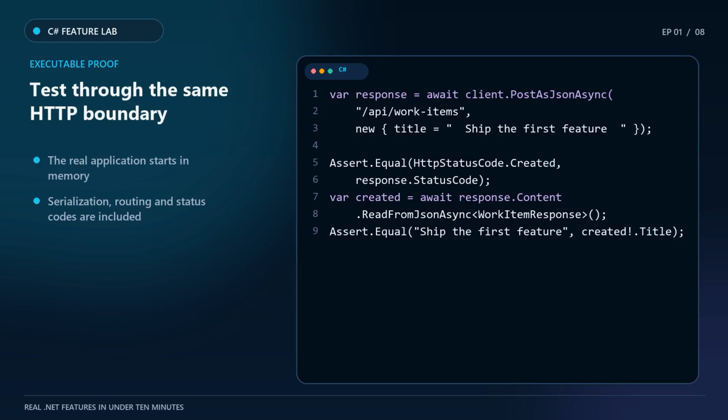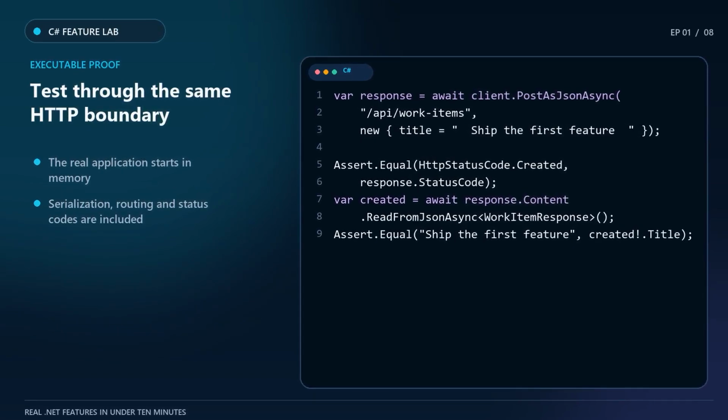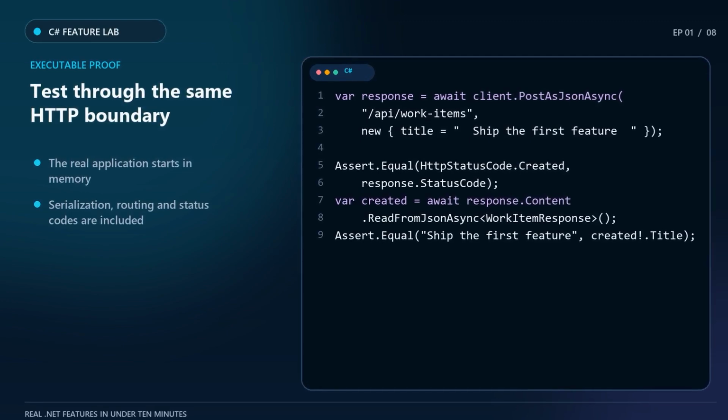The proof starts the actual web application with WebApplicationFactory and sends JSON over an HTTP client. This is more valuable than calling the endpoint delegate directly because routing, model binding, serialization, dependency injection, and status mapping all participate. The test deliberately sends white space around the title and asserts the normalized response.